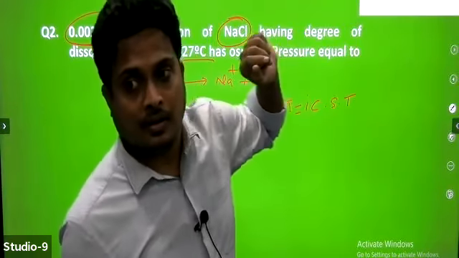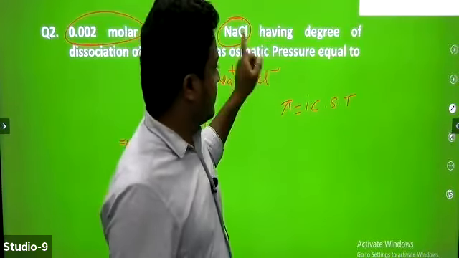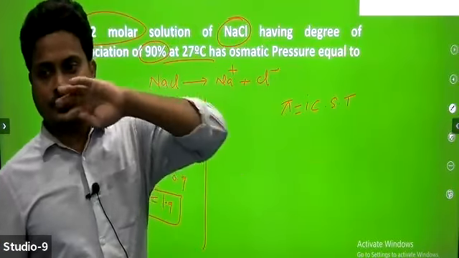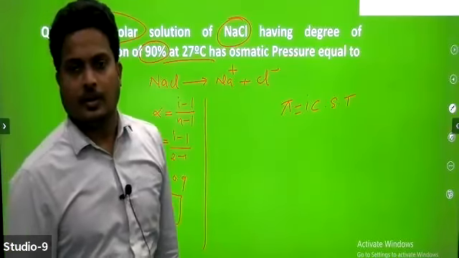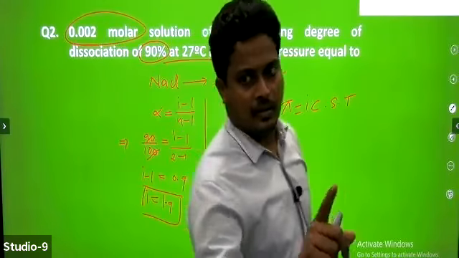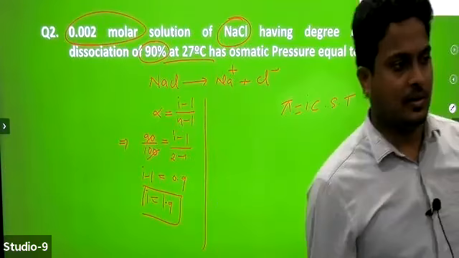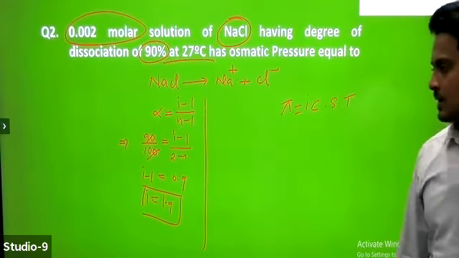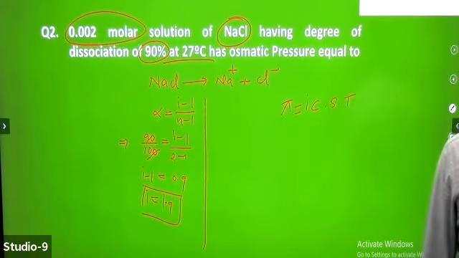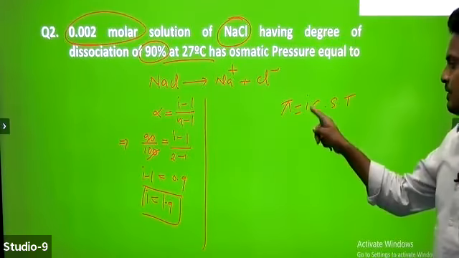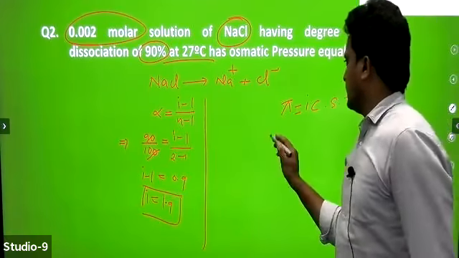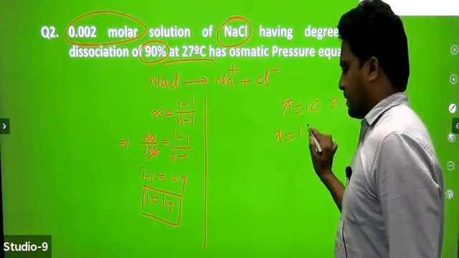The i value is 1 for glucose, fructose, sucrose, because they are not dissociated when they dissolve in water. Here the i value is 1.9.